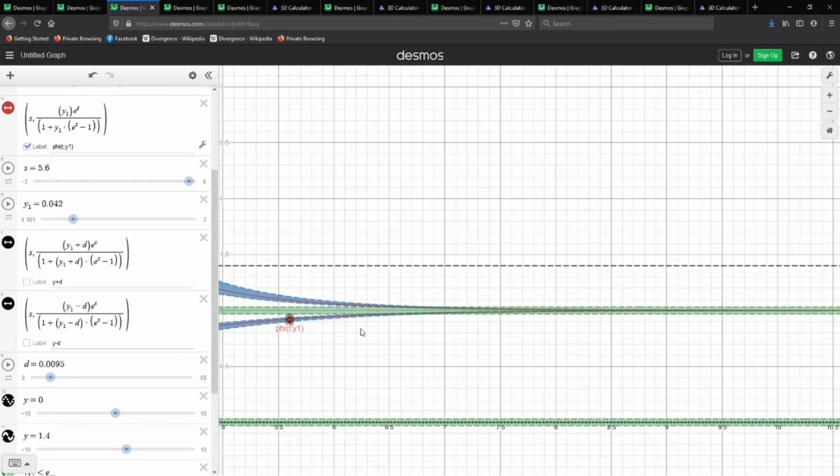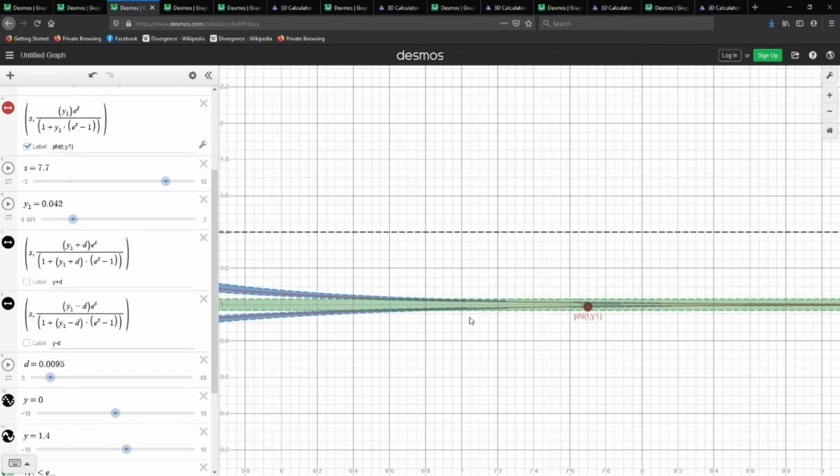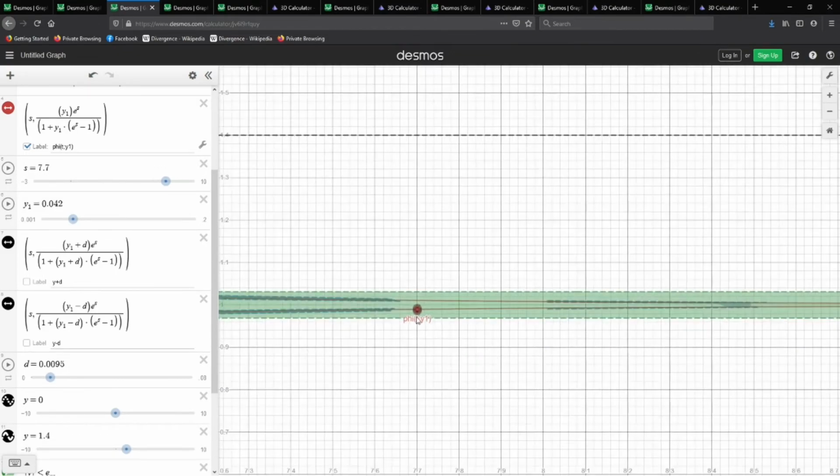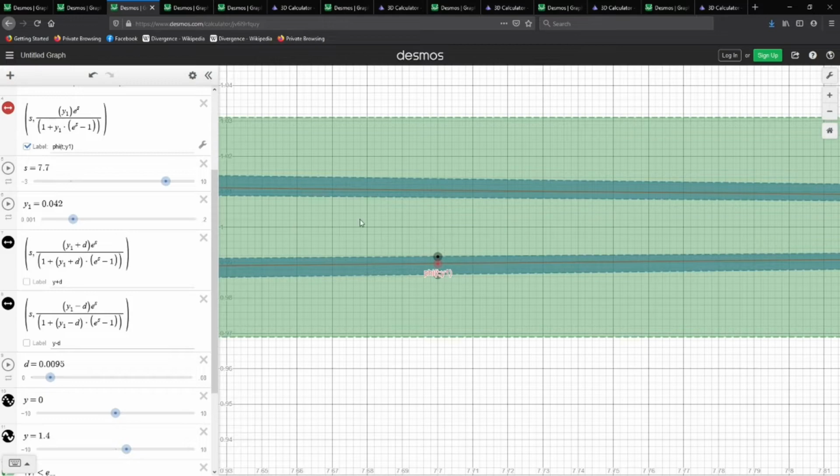That's going to head towards the epsilon region, and we'll make this a little bit larger here. And all of those solutions will enter into the epsilon region surrounding the second critical point.